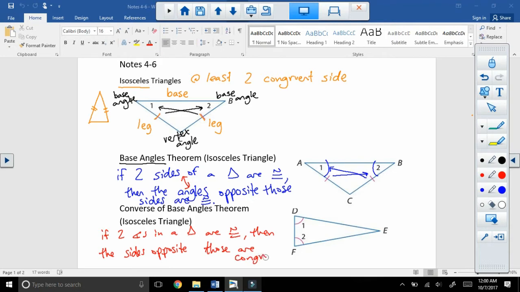Looking at this picture, I have these two angles congruent, so I would look to the sides opposite from them. So I could say that DE is congruent to FE and go from there.